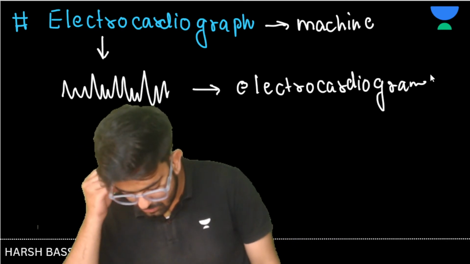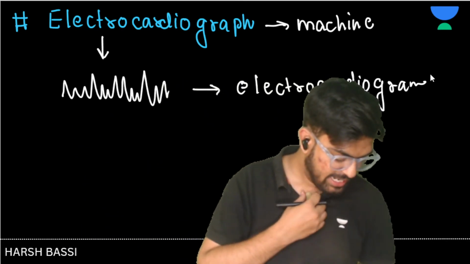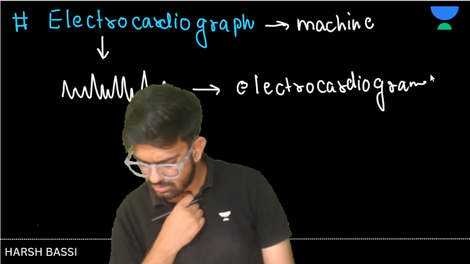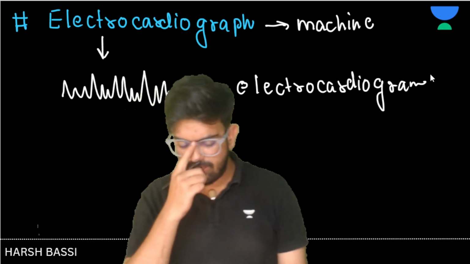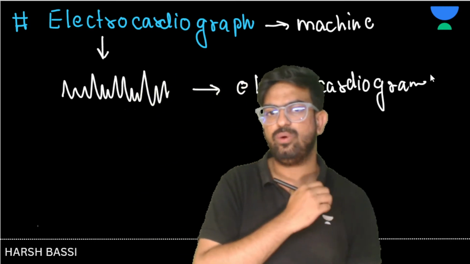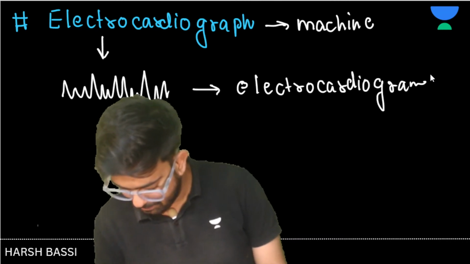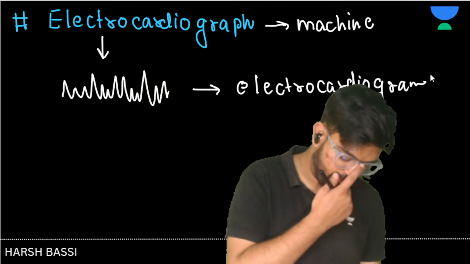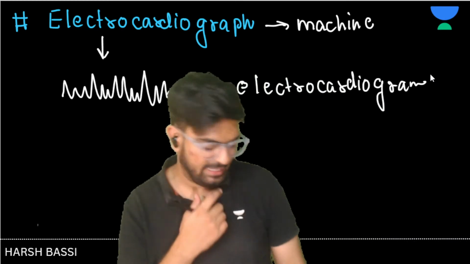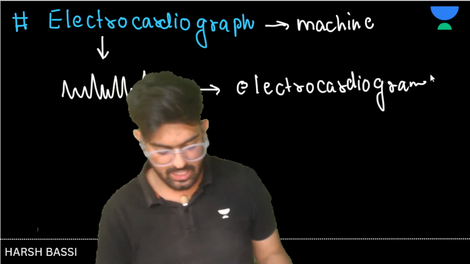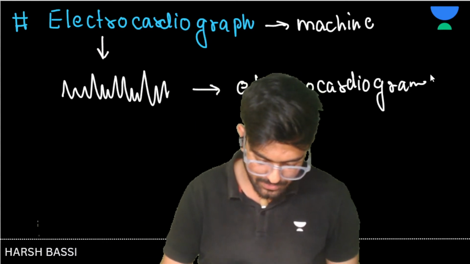ECG, exactly. AVN, I told you about AVN, Sahu, AV node, SA node. Hepatic portal system. Okay, I will explain, Roy. One second, children. Let me check in the NCERT if I have left something else.